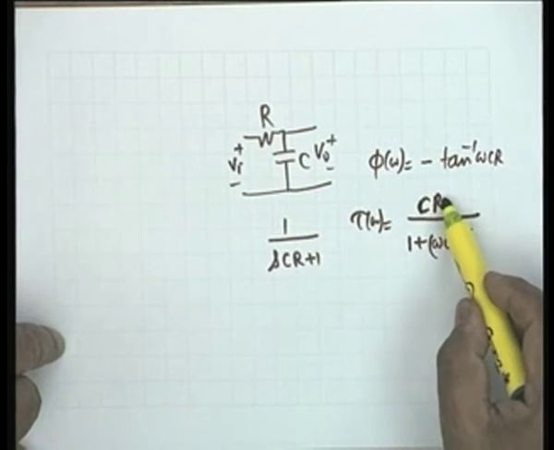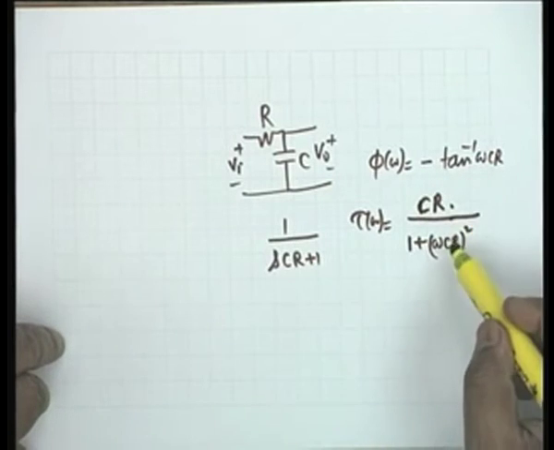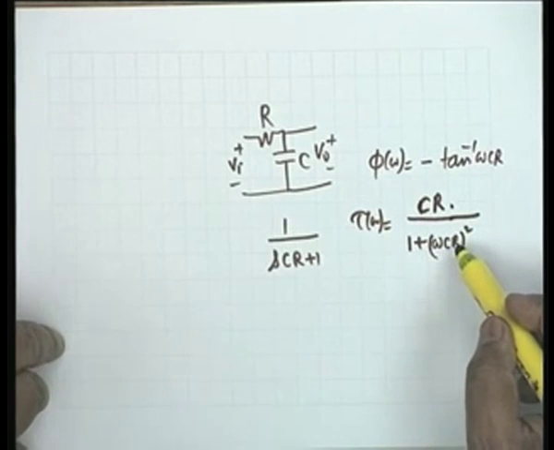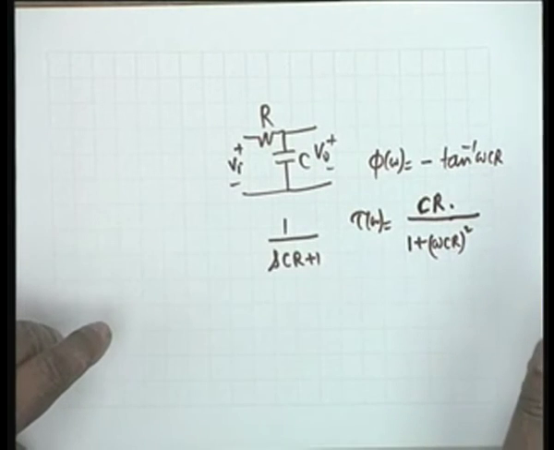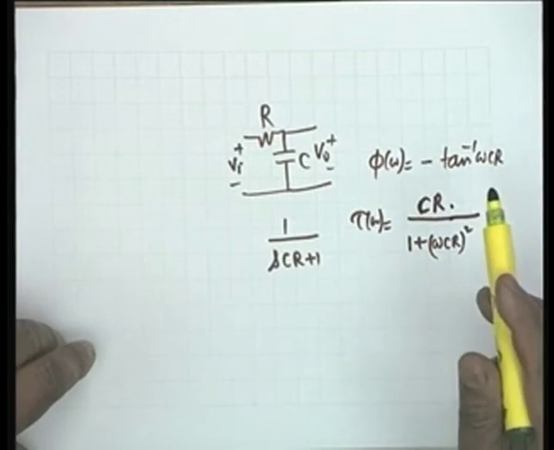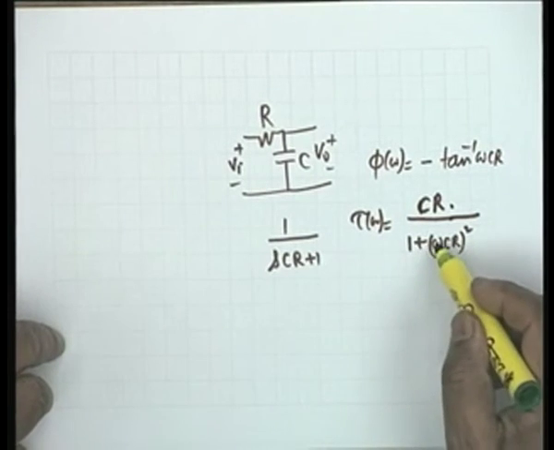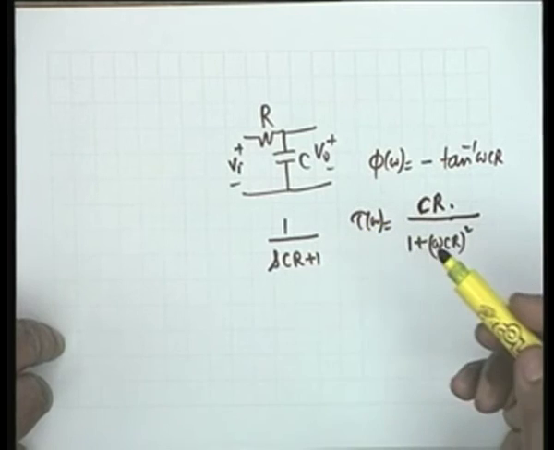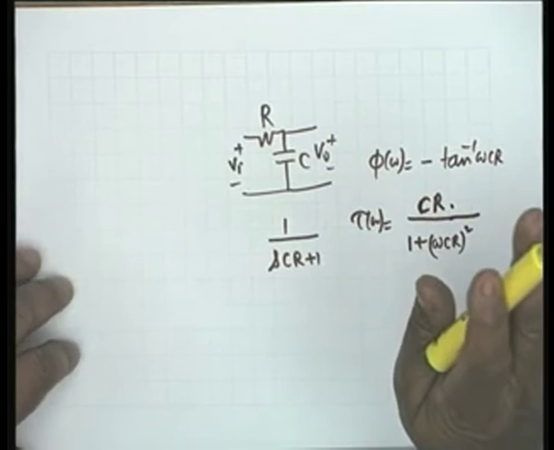The equation would have been dimensionally wrong, because omega CR is dimensionless. It is adding to 1. You cannot add horses to donkeys. You can only add voltage to voltage, current to current, a dimensionless quantity to a dimensionless quantity. This is perfectly alright, but tau omega has the dimension of time, so you must have CR, the time constant. Now it is dimensionally correct.